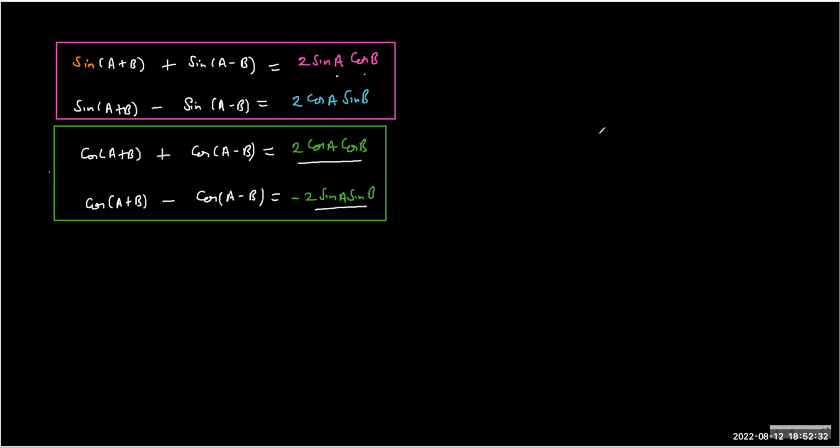There is something called the product formula. So if I call A plus B as C, and if I call A minus B as D, what will happen if you let like this?